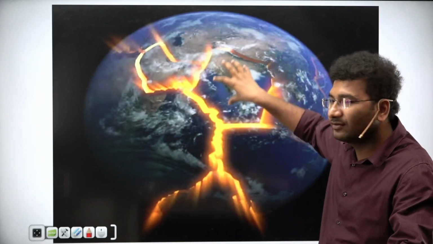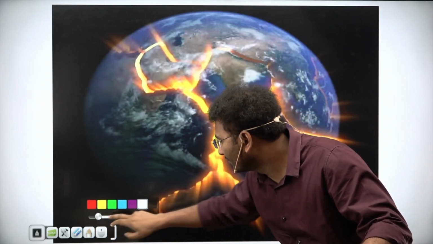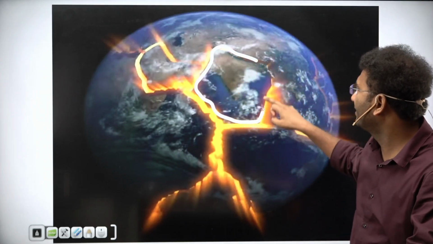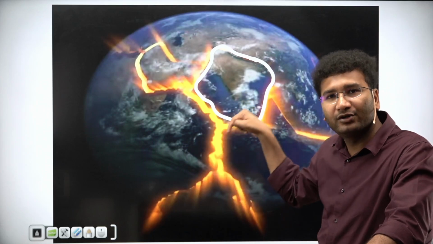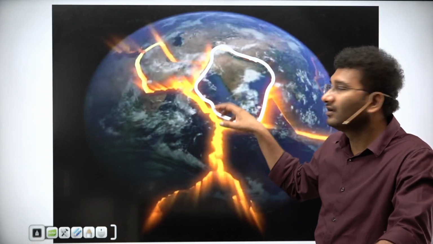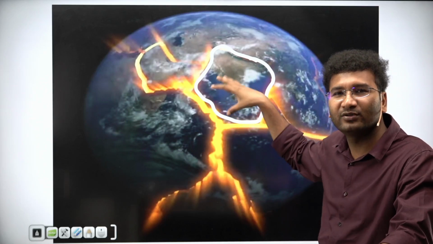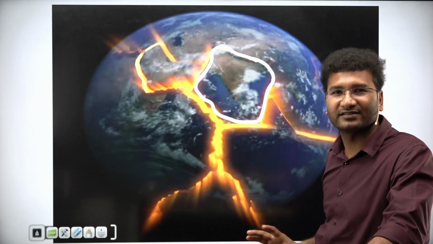Now this plate can move. Okay? In simple terms, this is one plate. This is the Indian plate, and up till 200 kilometers depth, it is like a piece of cake, which is floating on the water or liquid. That is how it is.